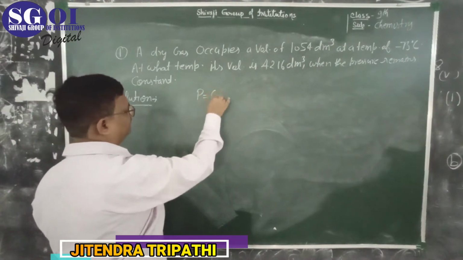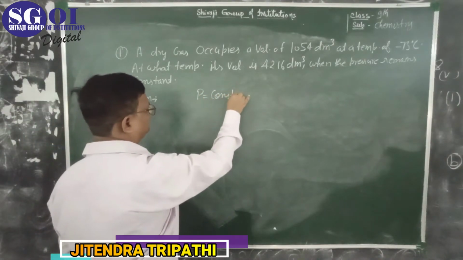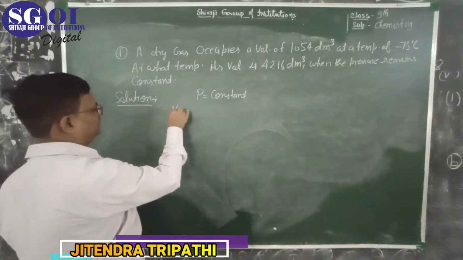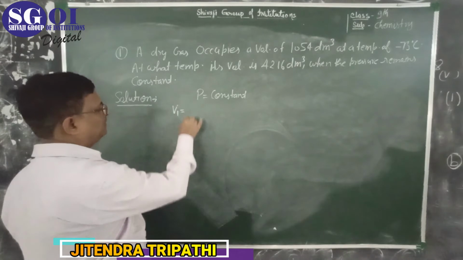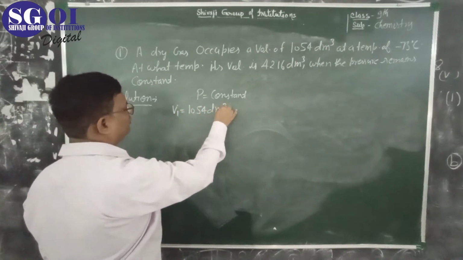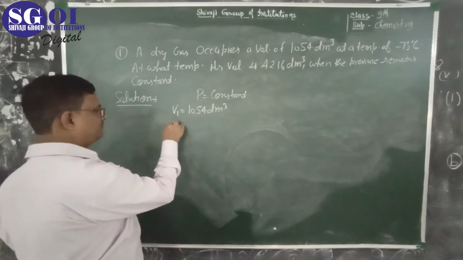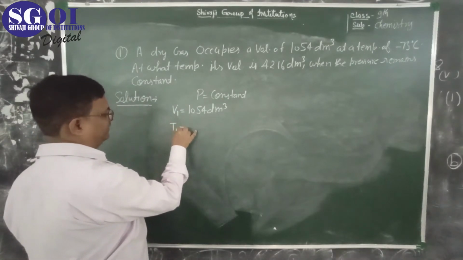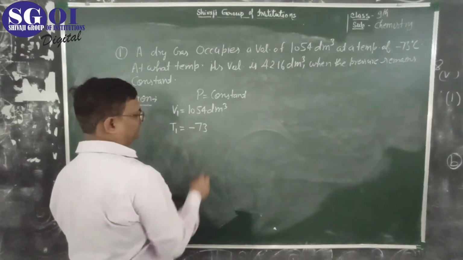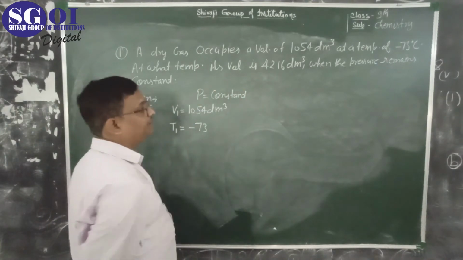First of all, pressure is constant. Initial volume is 1054 decimeter cube and initial temperature is minus 73 degree centigrade.